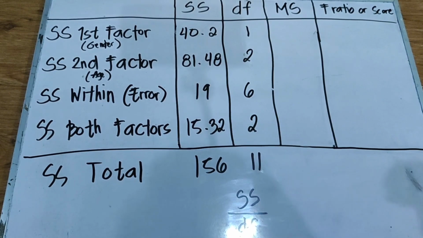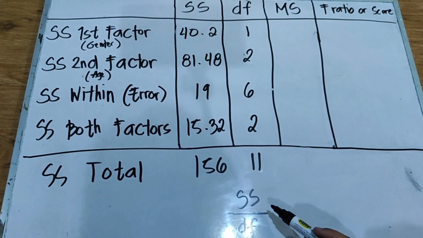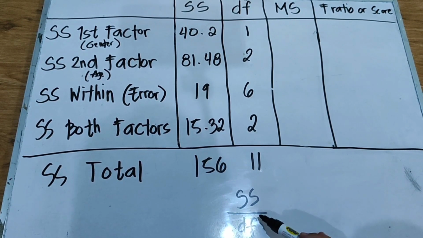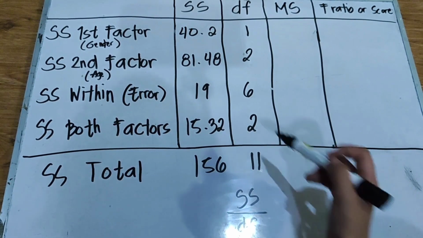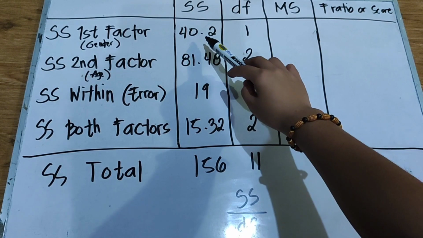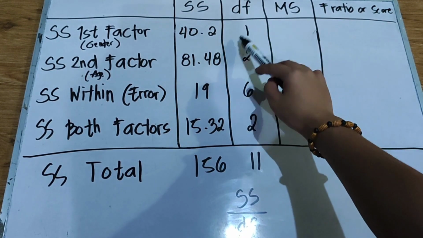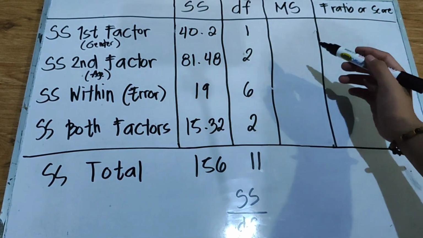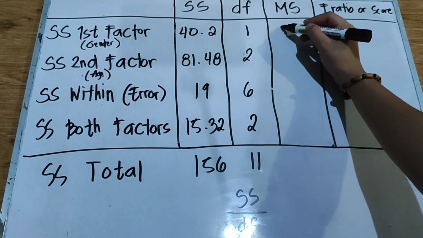So how to get the mean square? We're going to use this formula, which is sum of squares divided by degrees of freedom. So for the first factor, sum of squares is 40.2 divided by df of 1. So the mean square for first factor is 40.2.